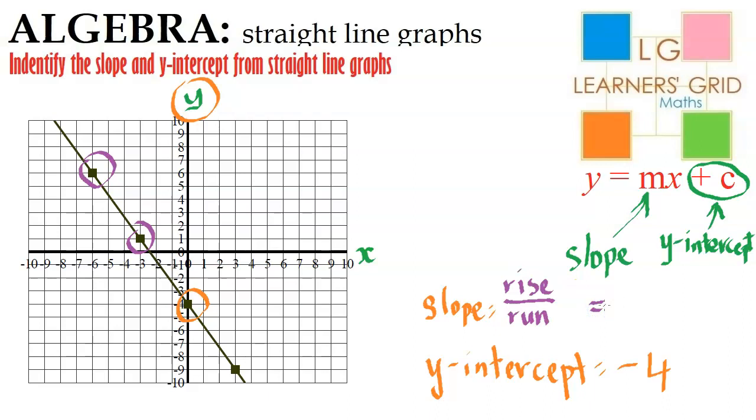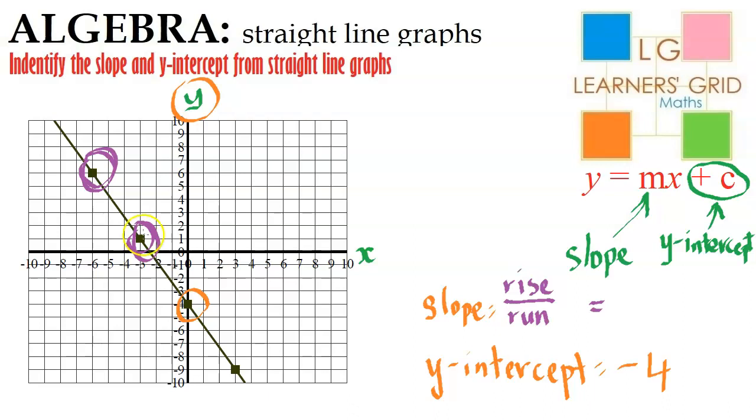What I like to do is to start with the bottom point that we've chosen, and I make my way to the top point. And I must go left to right first, and then up and down.